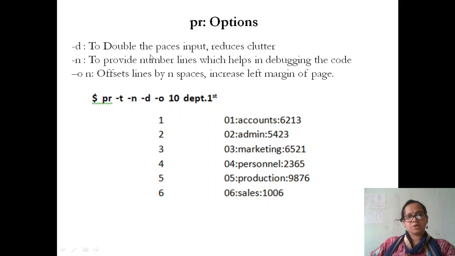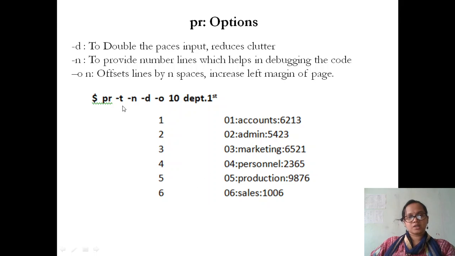See here, -d is to double-space the input, which reduces clutter. -n is to provide line numbers, which helps in debugging the code, and -o n offsets lines by n spaces, which increases the left margin of the page. You can combine these various options to produce just the format you need. Whichever format you want, you can combine those options into one single command.